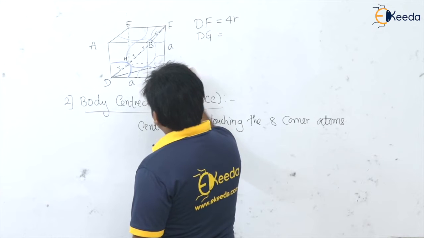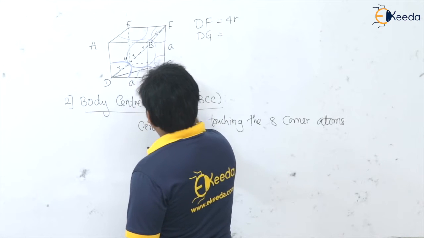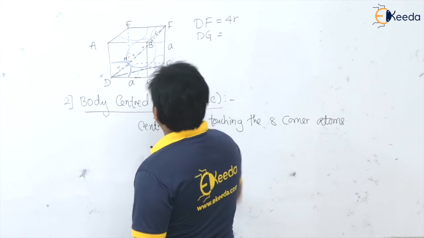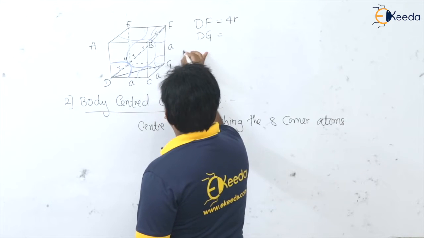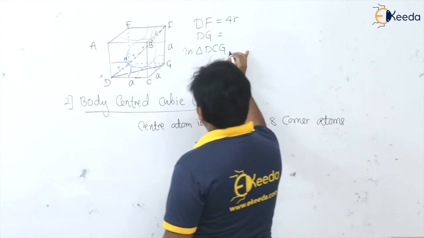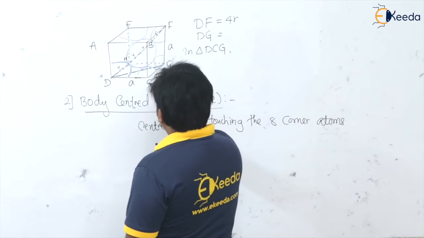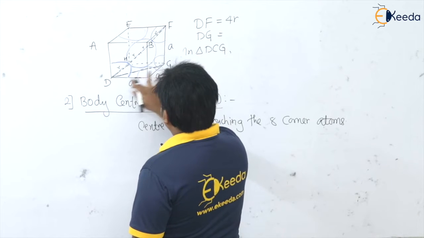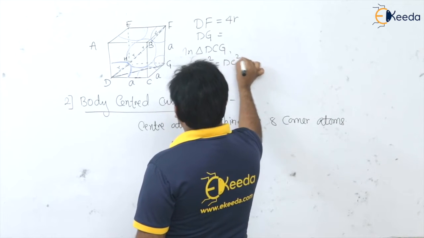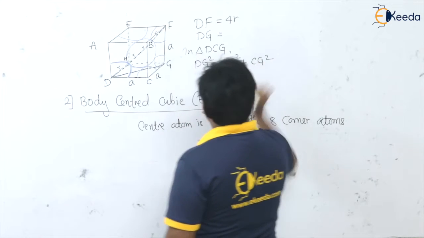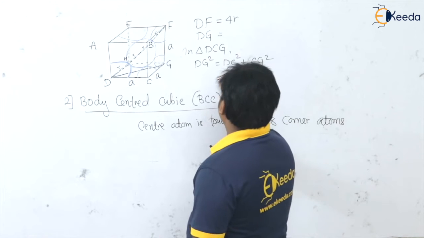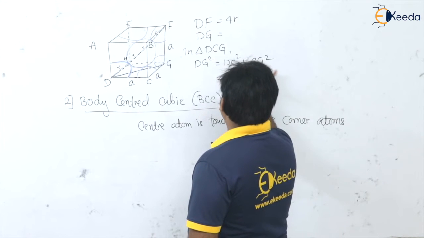But here see, we can get the value of DG in the triangle DCG. Using Pythagoras theorem, DG square is equal to DC square plus CG square, isn't it? And DC and CG are what? The sides of the cube, that is A square plus A square.